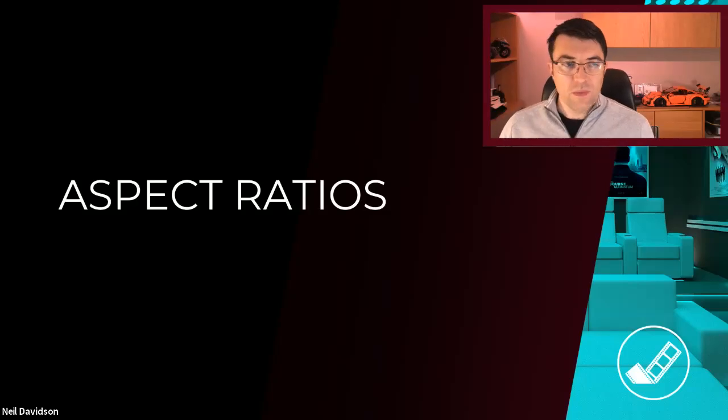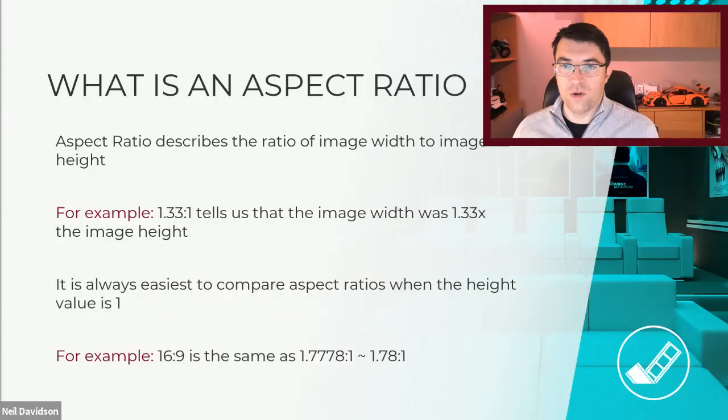So if we're going to talk about handling aspect ratios, the first thing that we need to do, of course, is understand what is an aspect ratio. Well, aspect ratio just describes the ratio of the image width to the image height. On your screen, you can see a little rectangle of me in the top corner.